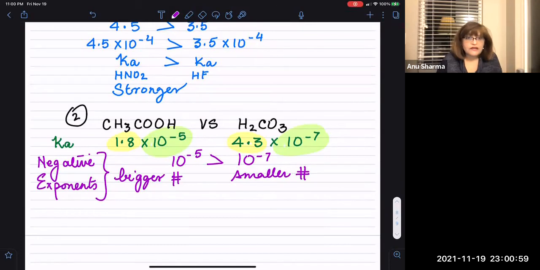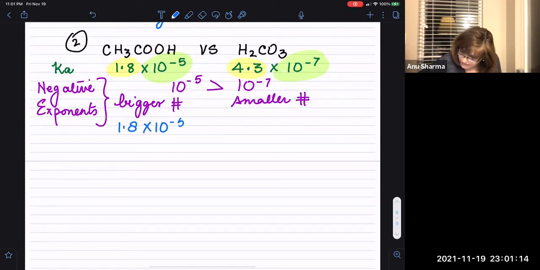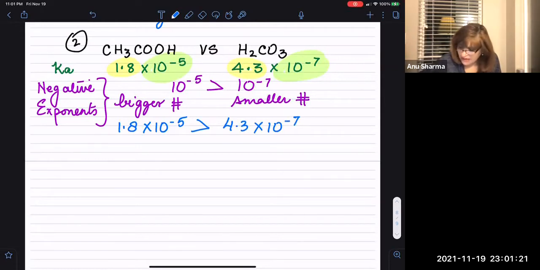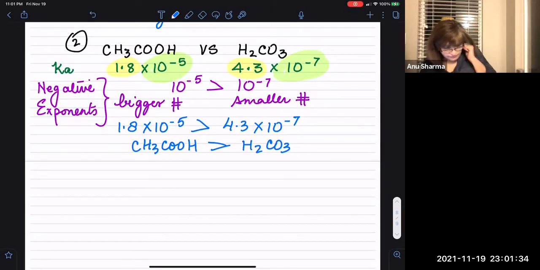With a negative exponent, the one that is a smaller number is actually the bigger number. So with that said, we see that 1.8 into 10 to the power negative 5 is bigger than 4.3 into 10 to the power negative 7. That means the Ka of CH3COOH, acetic acid, is bigger than that of carbonic acid. This type of question can be asked on the exam.